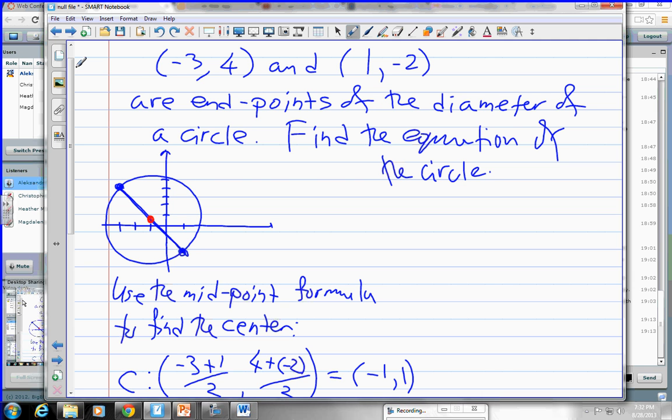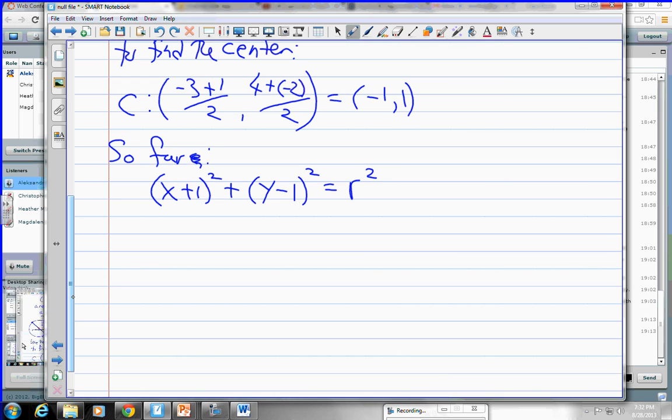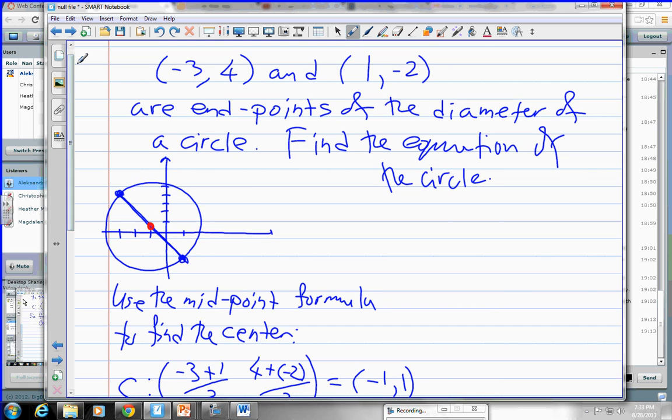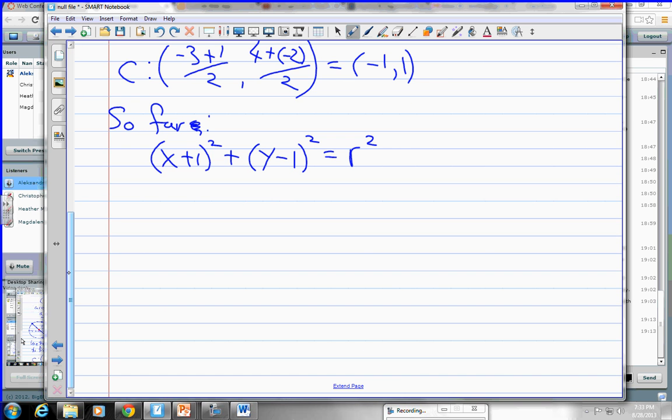Or I can do it even faster. Since this is potentially soon to be the equation for that circle, then every point on that circle has to satisfy that equation. So if I take one of the endpoints, let's say 1 and negative 2, and I just plug it in for x and y, it will just give me r squared for free.